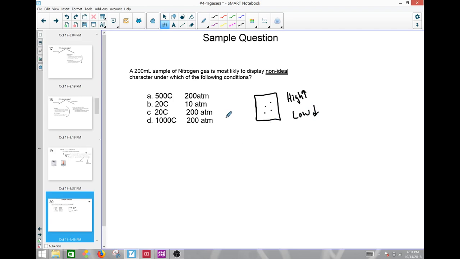So we're looking for high pressure, low temperature. High pressure, high temperature, high pressure, low temperature, right here. Okay, those are the conditions that are most likely to deviate from the ideal gas.